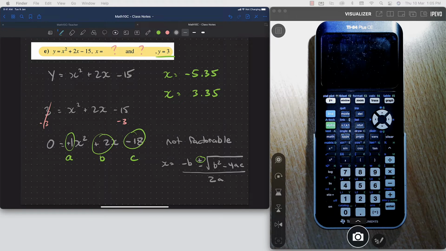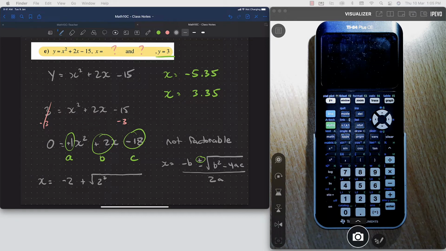So it's going to be x equals, in this case negative b, and the value of b is positive 2. So it's going to be a negative 2 plus the square root of b squared. Again, what is b?